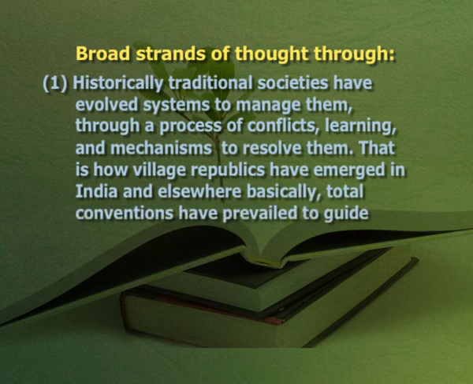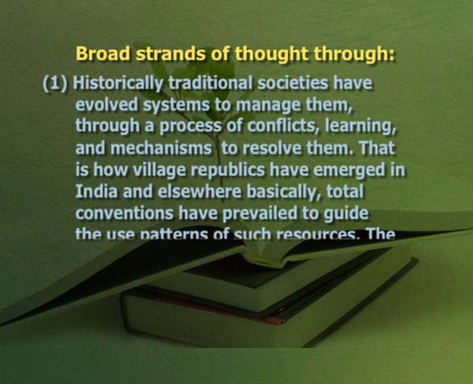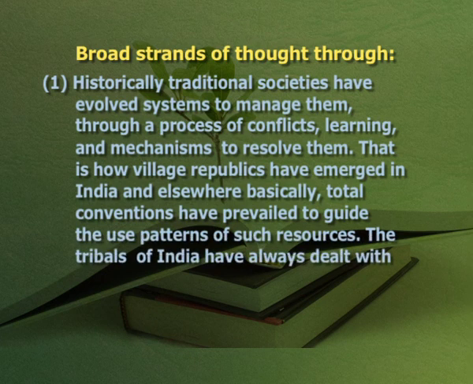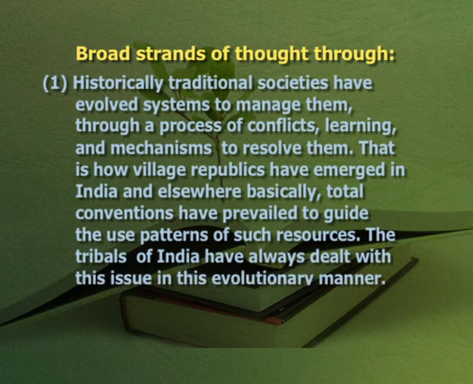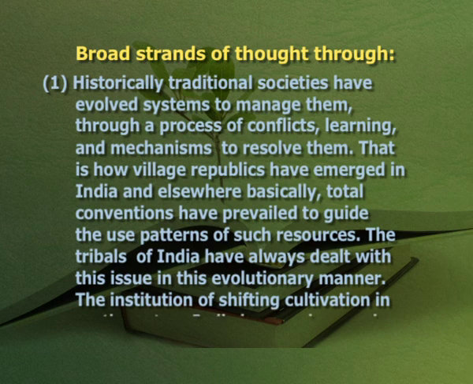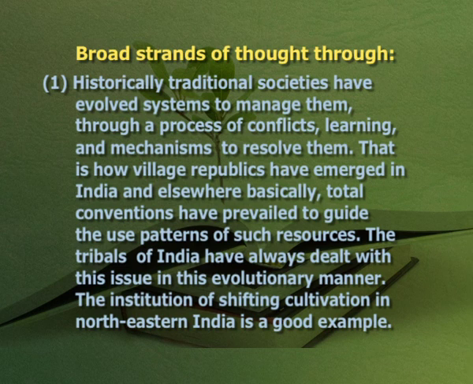Basically, tribal conventions have prevailed to guide the use patterns of such resources. The tribals of India have always dealt with this issue in this evolutionary manner. The institution of shifting cultivation in northeastern India is a good example.